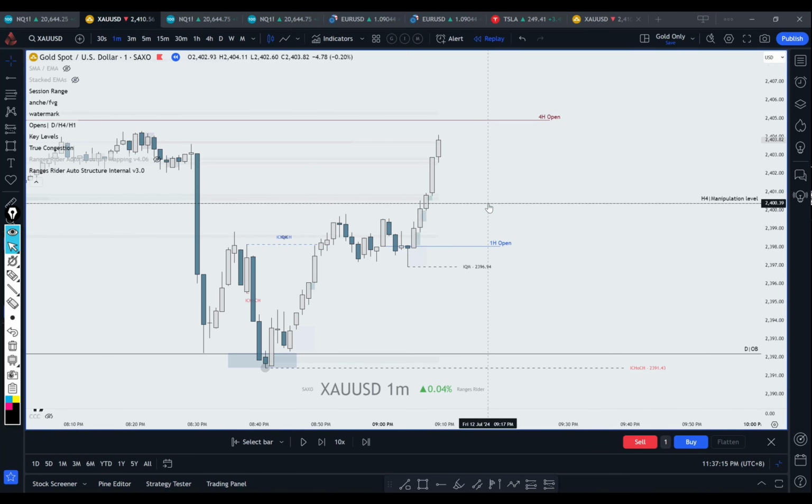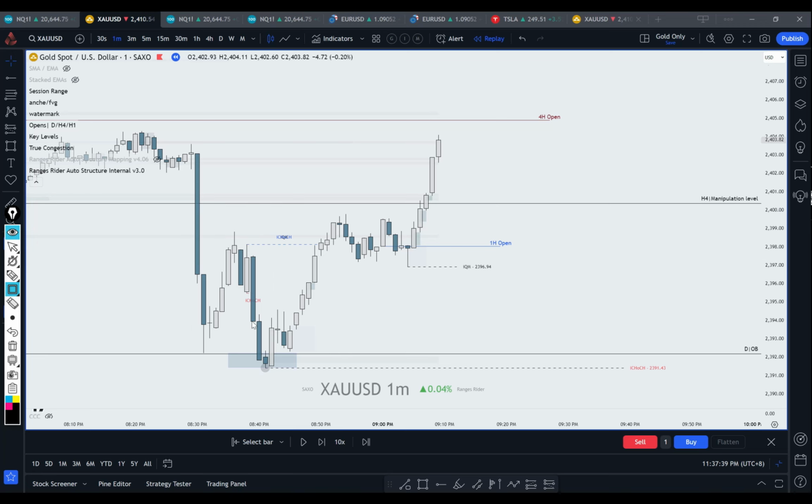Now this is the level where I'm looking for long, because if the price wants to go higher, these guys are trapped on the sell side. Someone sold here and covered the position here, he made money. Someone sold here, covered somewhere here, he made money.